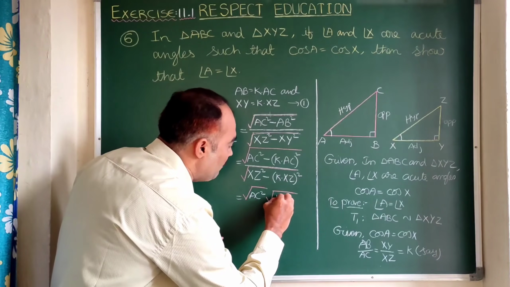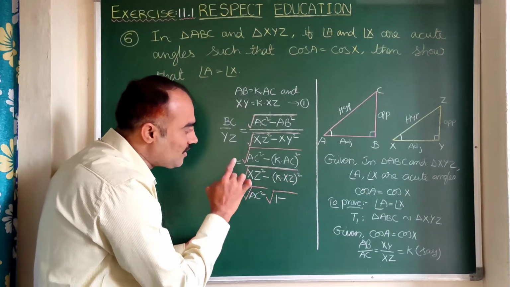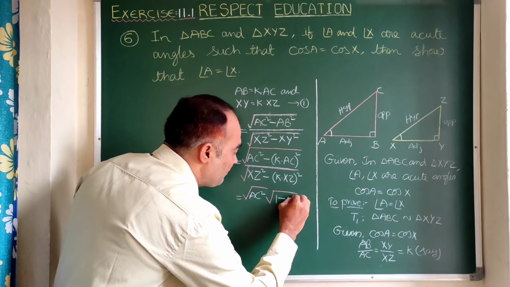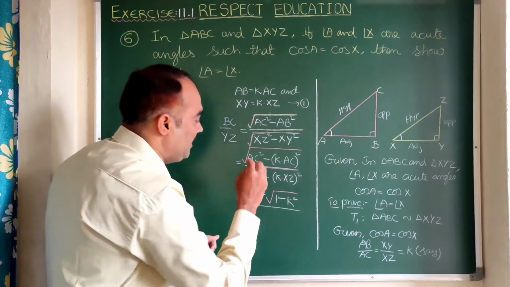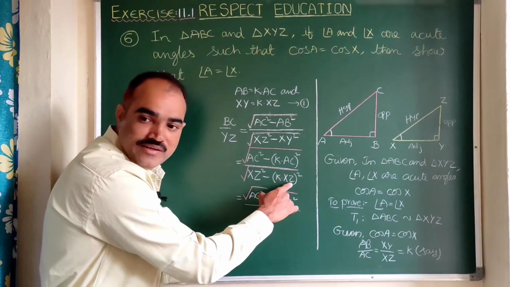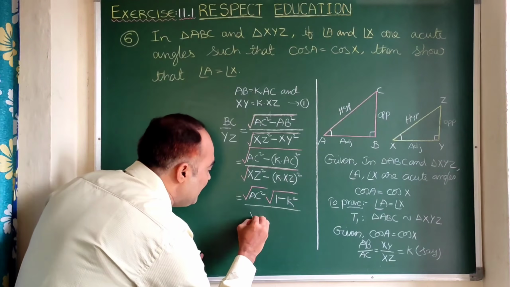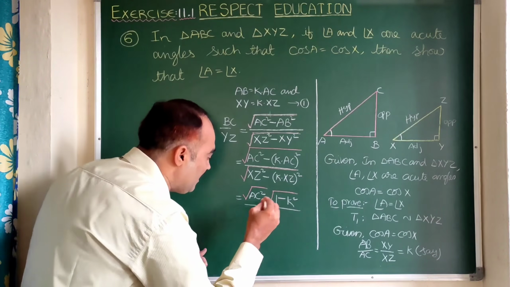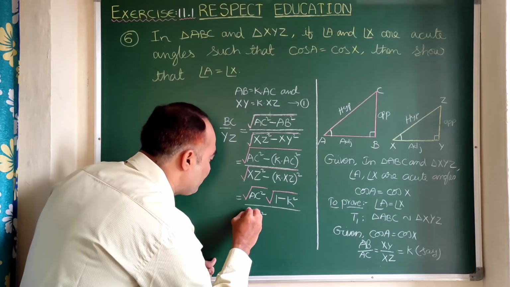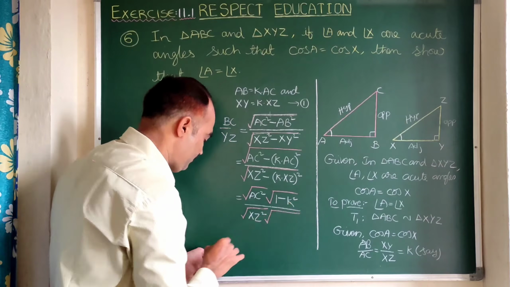So 1 minus K square. I took AC square common. Here what is left? K square is left. Same way here also in this XZ square is there minus K square XZ square is there. In these two I am taking XZ square common, so that here square root will be splitted. So up to here 1 square root and here remaining 1.